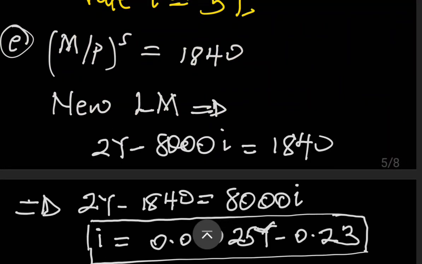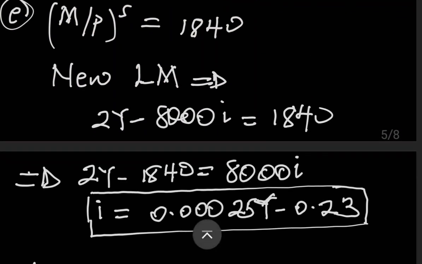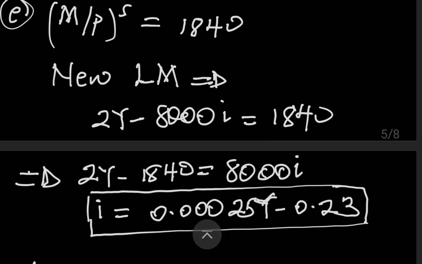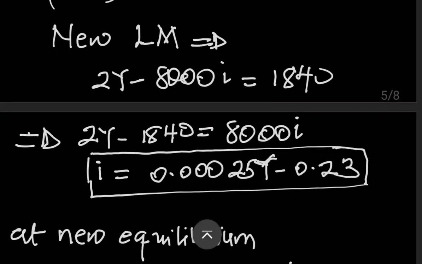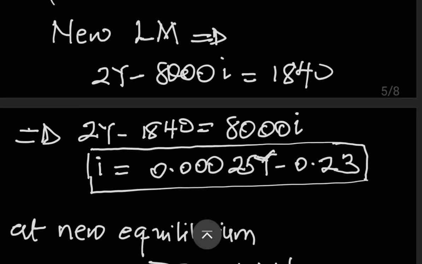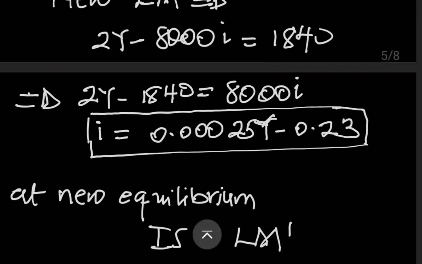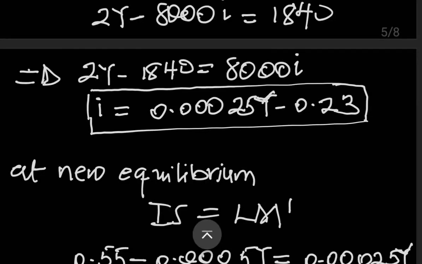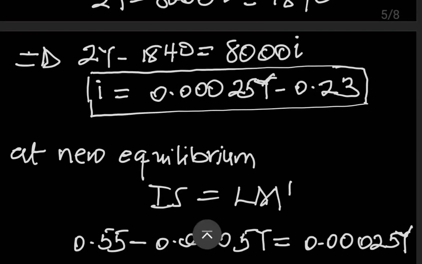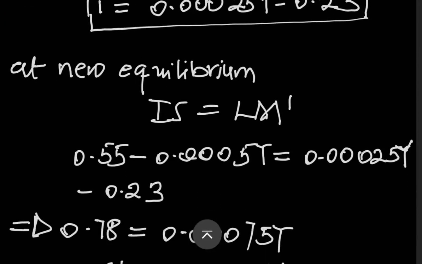So (M/P)^s is equal to 1840, that is the new LM will be 2Y minus 8000i, which is equal to 1840. So realize that i will be equal to 0.00025Y minus 0.23 at the new equilibrium.